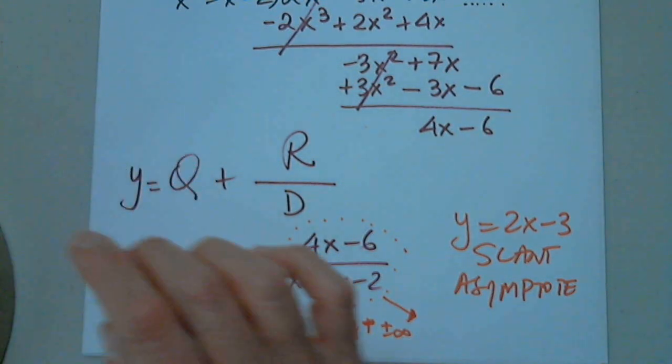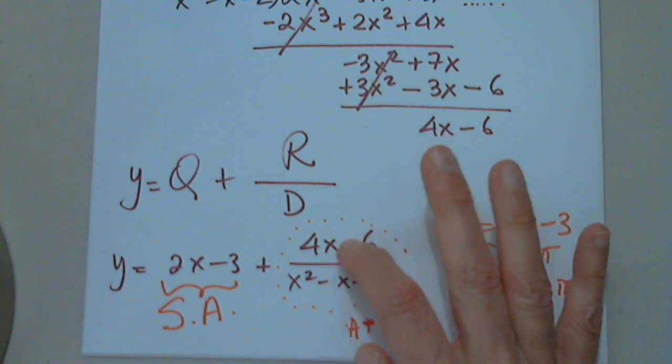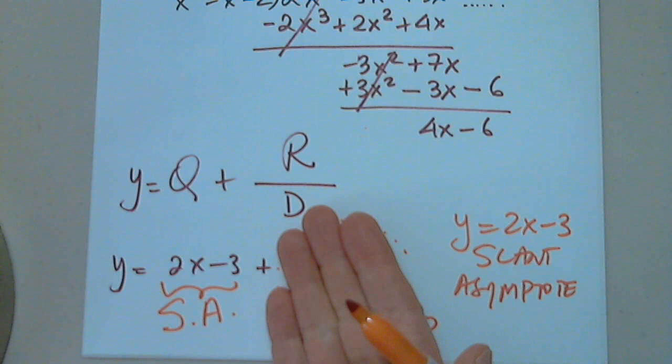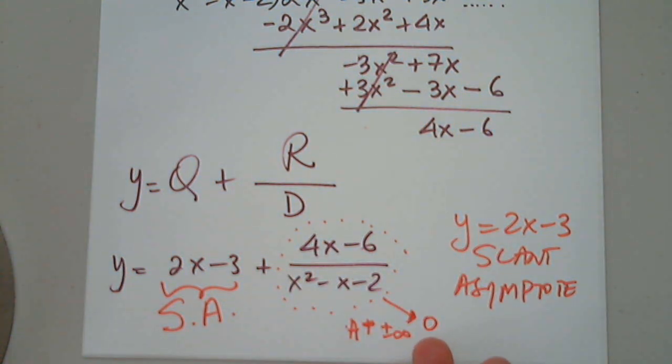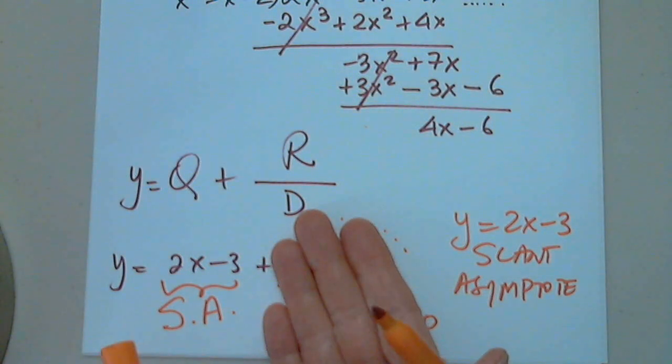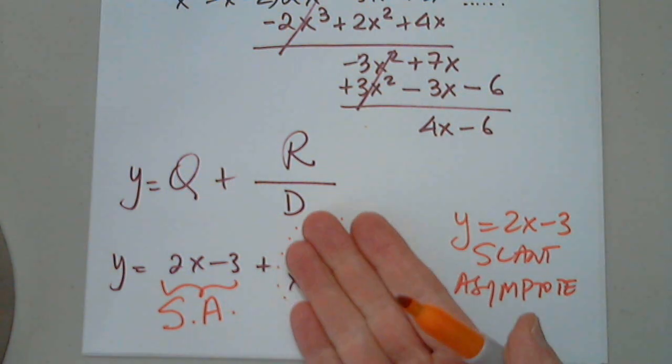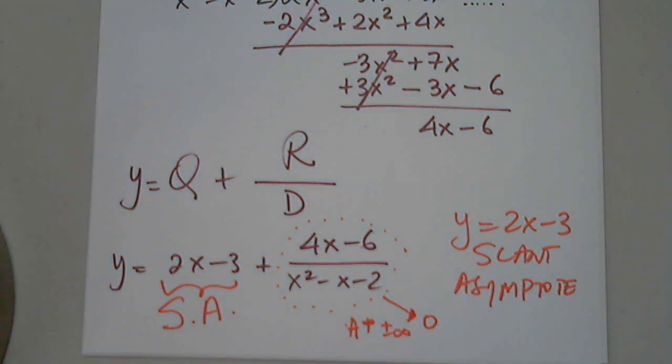Of course, because the degree at the top is much smaller than the degree of the bottom, so this will approach 0. That's why it doesn't have any influence on the slant asymptote, because it's approaching 0. That's how we determine slant asymptotes.